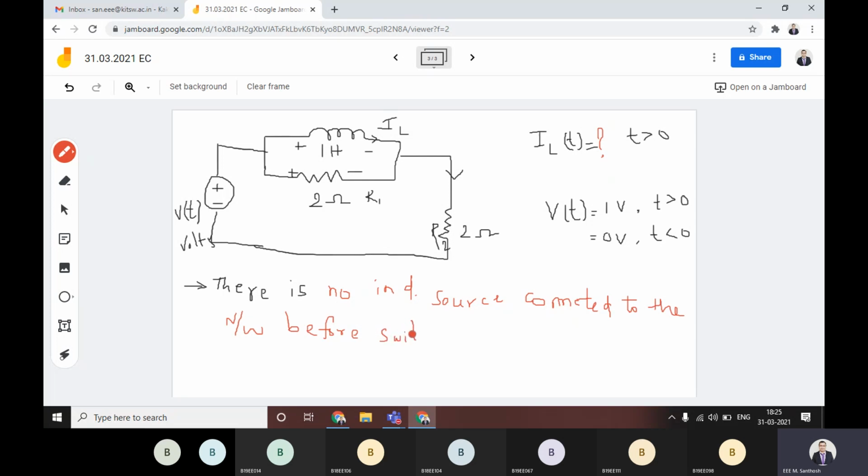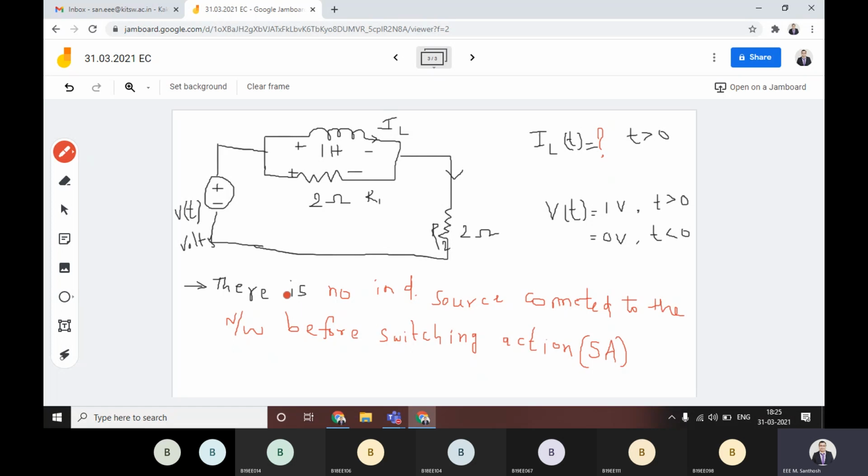That means before switching. It is difficult for me to write this much; from next time I will write SA, meaning switching action. Just before the switching action, the network does not have any source.